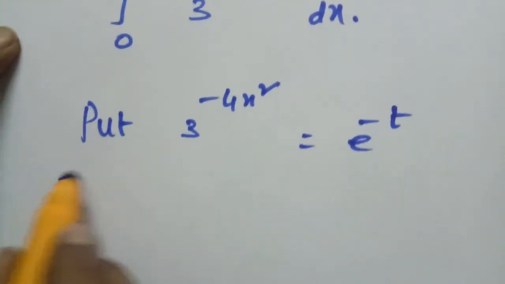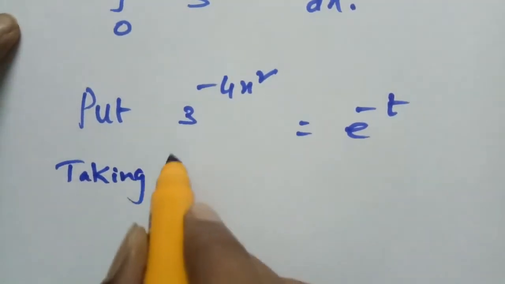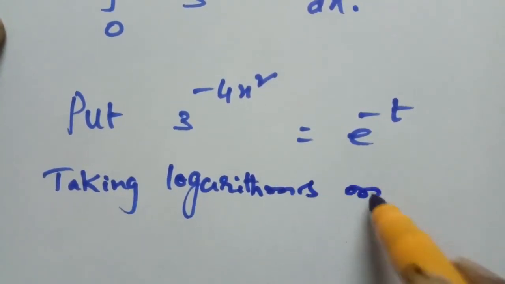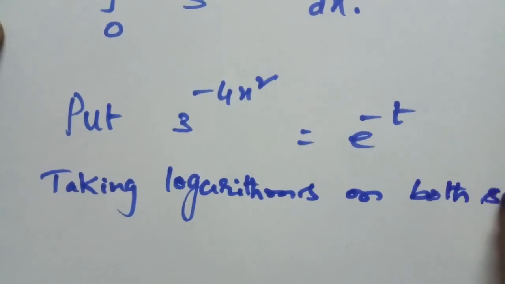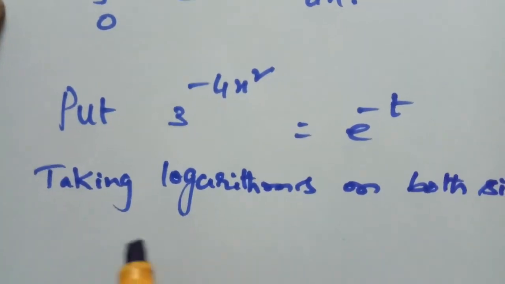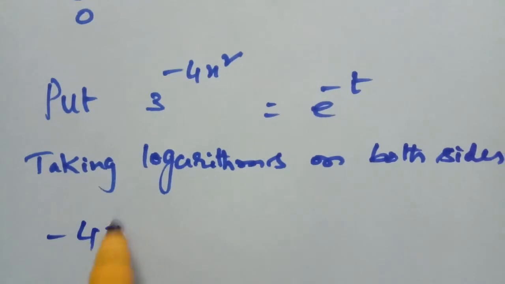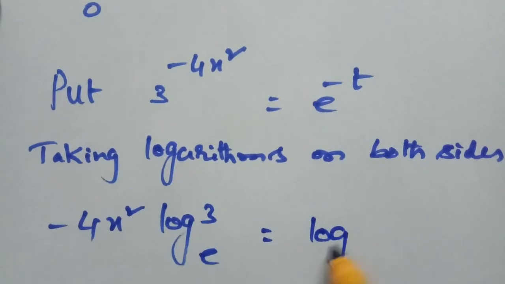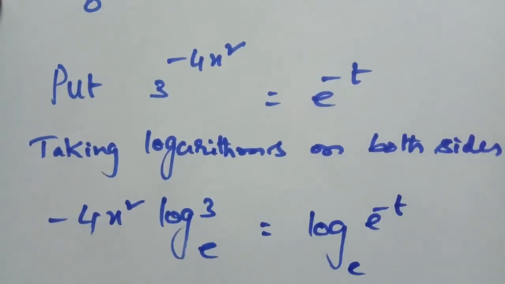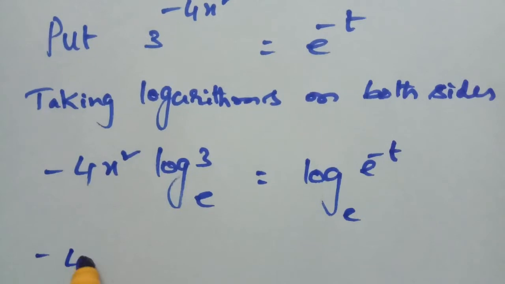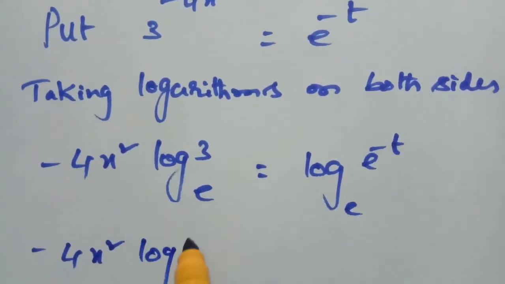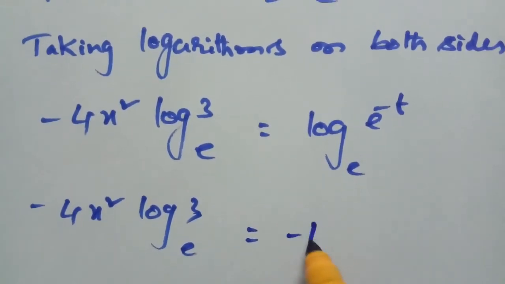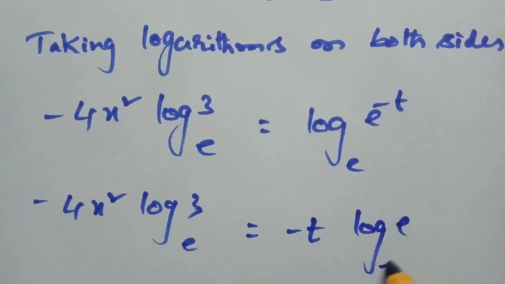Therefore, taking natural logarithms on both sides, not common logarithms, minus 4x square log 3 base e is equal to log e to the power of minus t base e. Therefore, minus 4x square log 3 base e is equal to minus t log e base e.